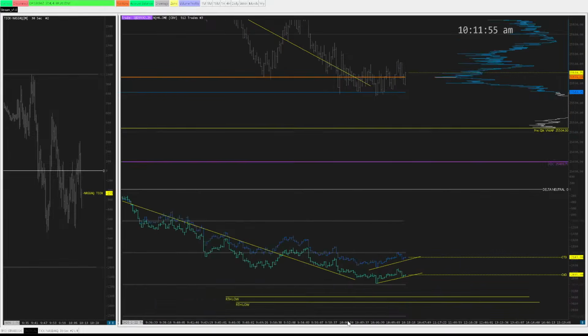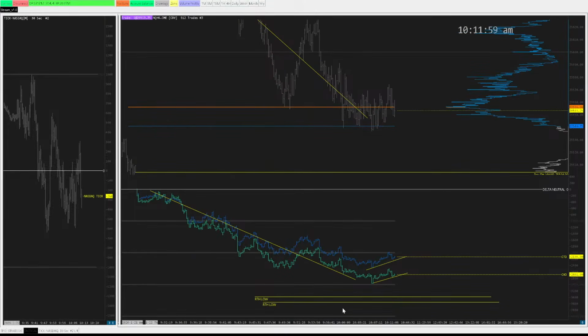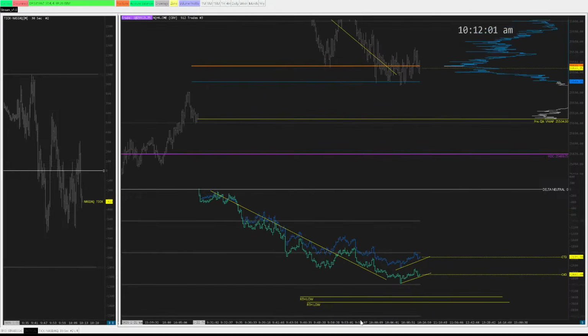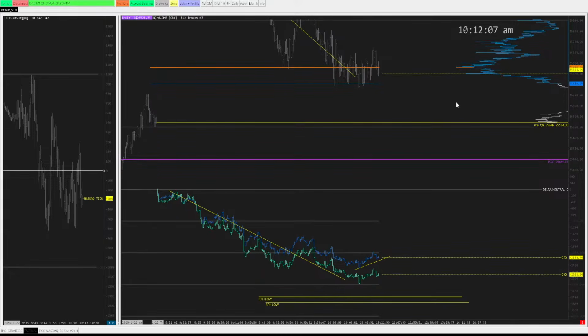My trading went from rudimentary, very rudimentary, price action based when I first started, to more advanced.